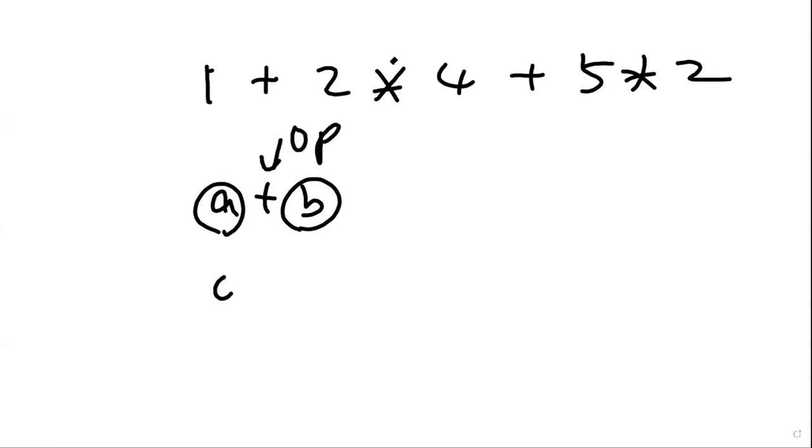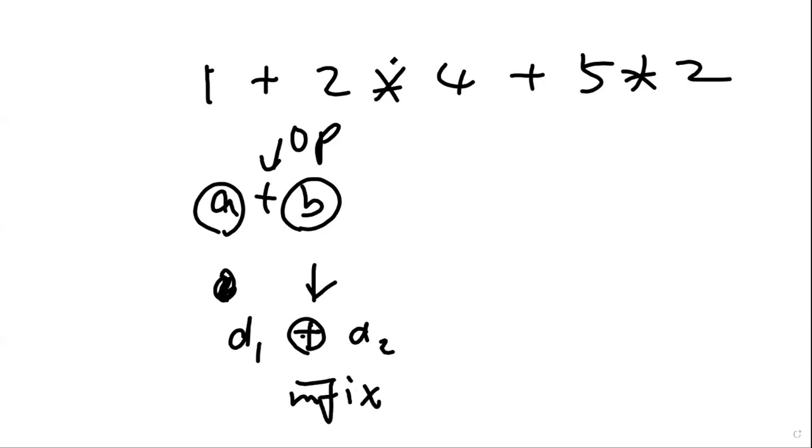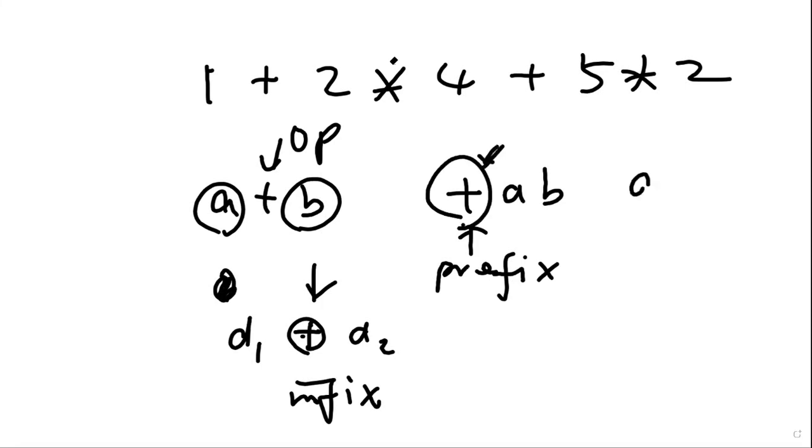Let's use data 1 and data 2 as operands, and the operator is put in the middle. This one we call infix, right? The operator is in the middle. Prefix means that you write it in this way: you put the operator in the beginning part. If you do A B plus, then it's postfix. So these are three major notations.